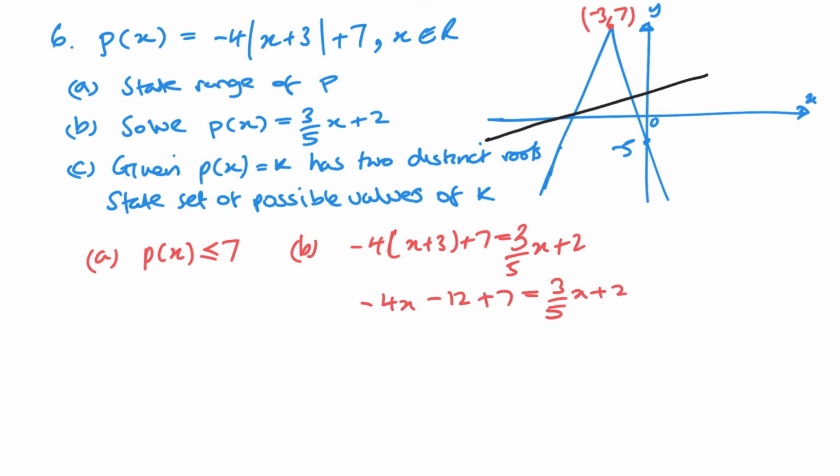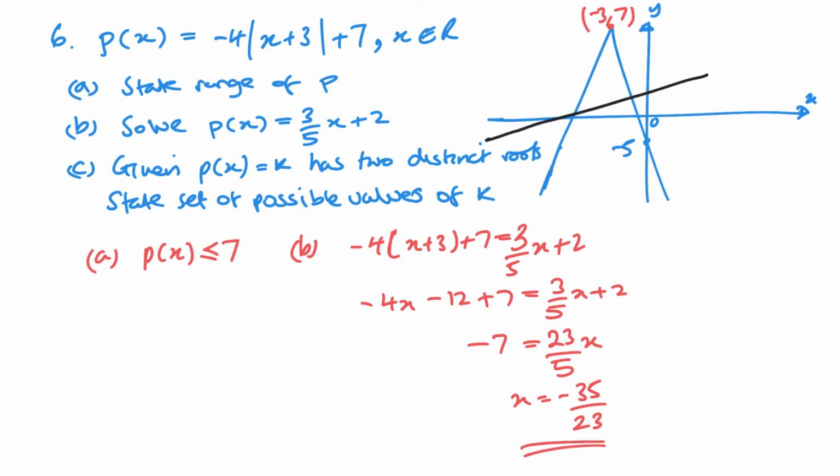So minus 12 plus 7 minus 2, looking at minus 7. Take the 4x to the other side. 23 over 5 x. So x is 35. Sorry, it's negative 35 over 23, just for that rearranging.